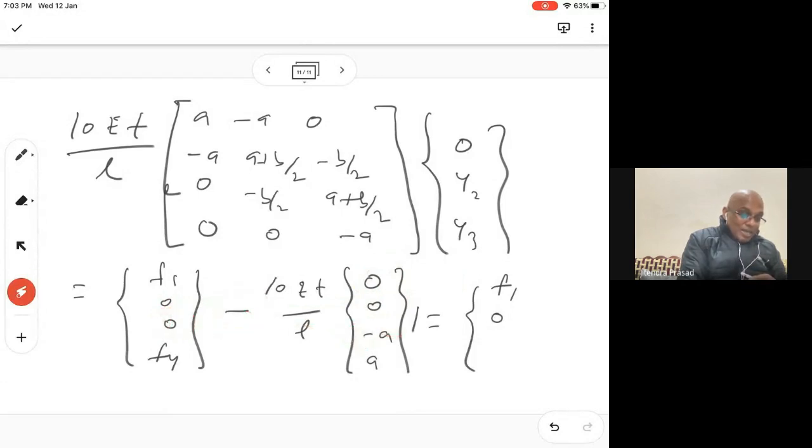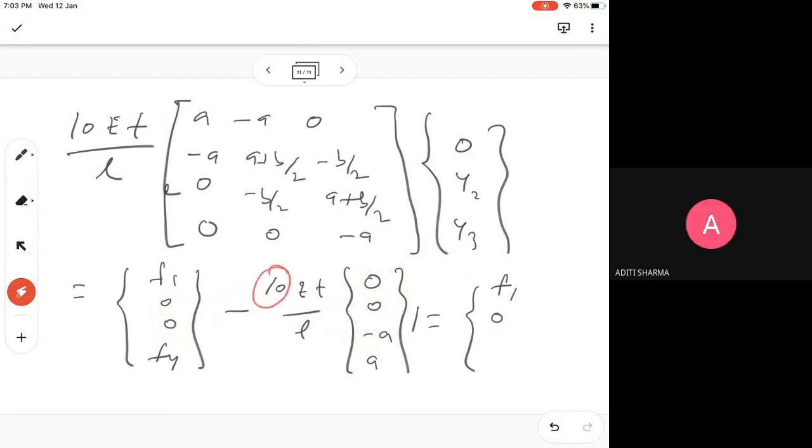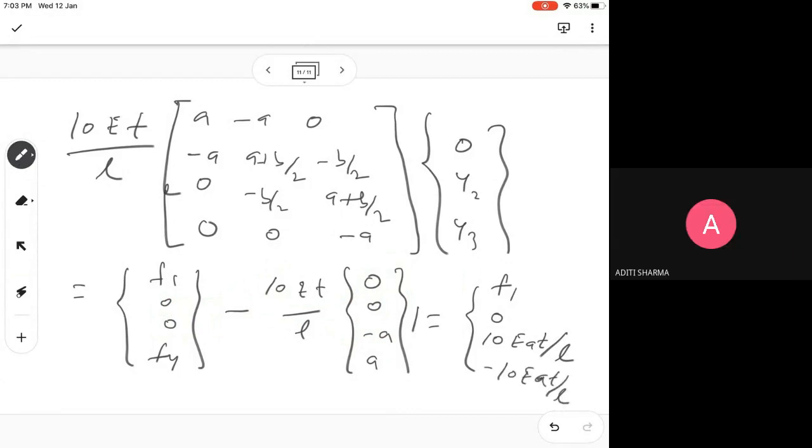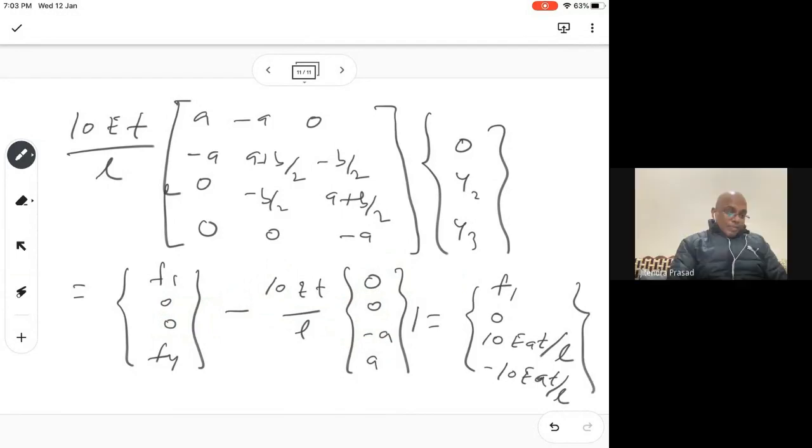So what we get is 10 EAT over L. And in this case, it will be just the negative of that, so we get a minus 10 EAT over L, for F4 also. So in a way, what you are getting is actually force. Although there is no force, actually it induces some kind of force.